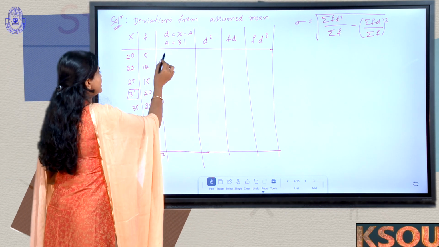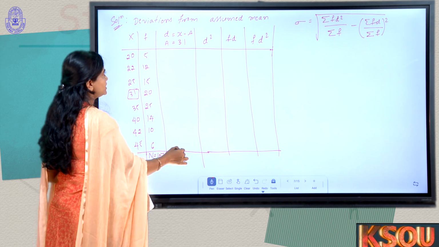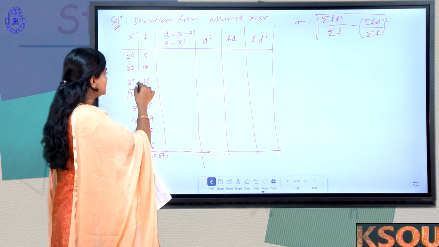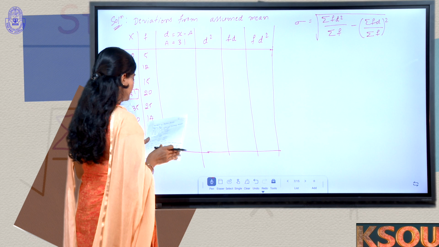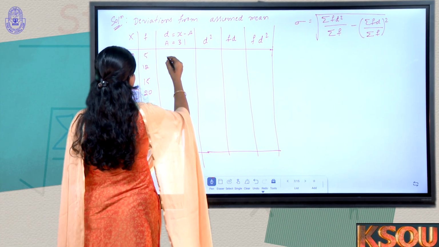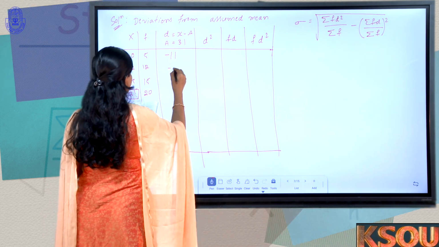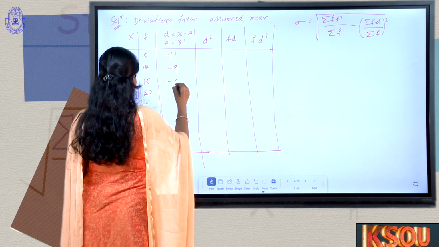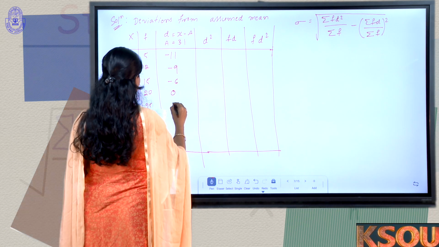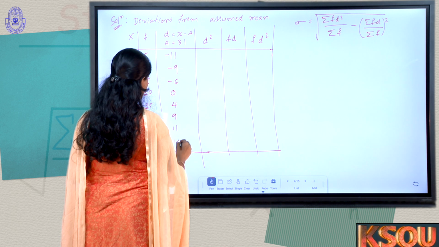Take 20 minus 31, 22 minus 31, like that you will have to find out the d value for each variable. So we will be getting the values like minus 11, minus 9, minus 6, 0, 4, 9, 11, 14.